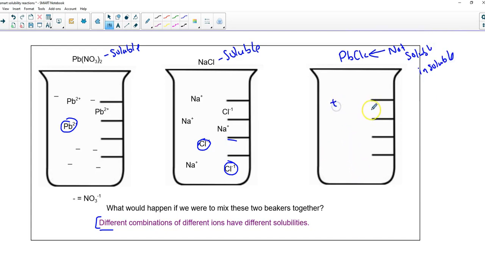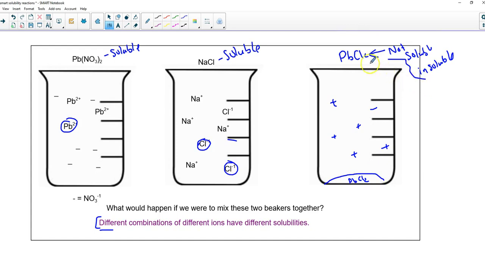So I have all these cations and anions around here. I'm going to call these guys cations and anions. The sodiums and these nitrates, okay? They aren't really doing anything for us. They dissolve nicely. But we're going to have on the bottom here PbCl2.